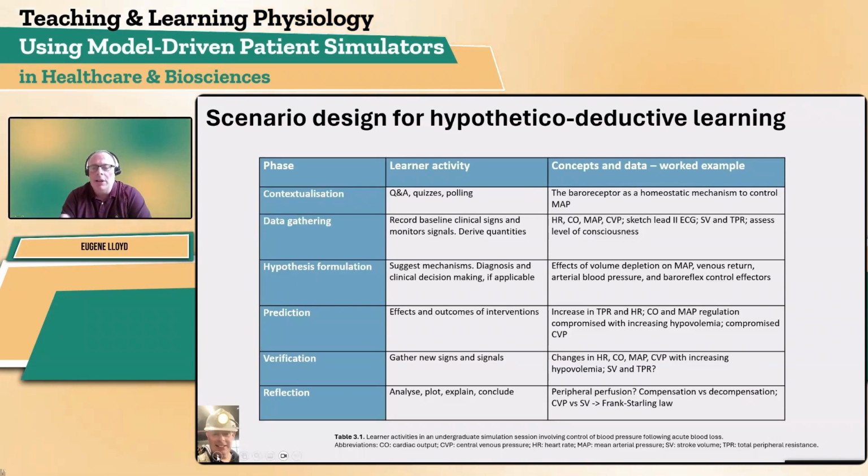We know that that's going to work. And that means that you can use the same simulation, if necessary, on different audiences, and you will almost always get the same results. Whereas if you use an animal experiment or use patients, you have biological variability that you can't always predict.